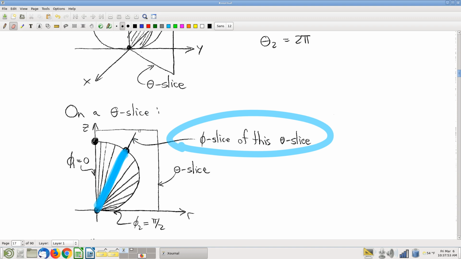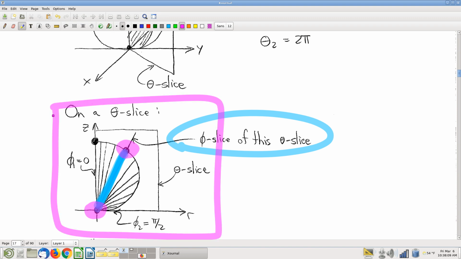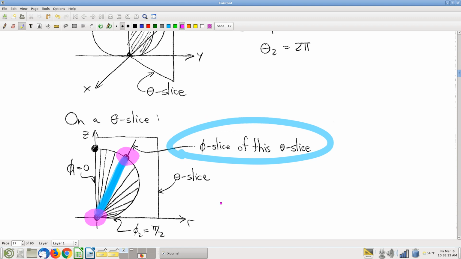You can see right here on the picture the point that determines my starting value of rho, and the point that determines my ending value of rho. But what are those points? Where is the ZR plane? It's easy to lose track of what you're looking at, so don't forget what those really are.